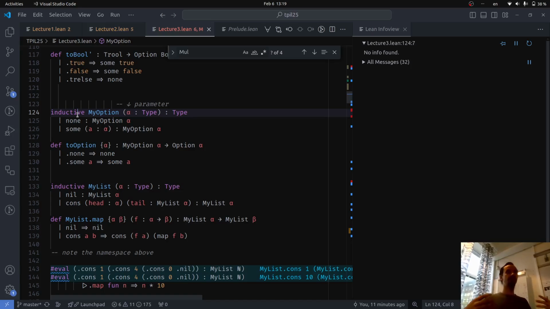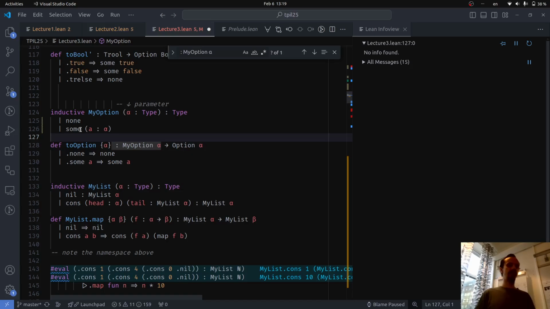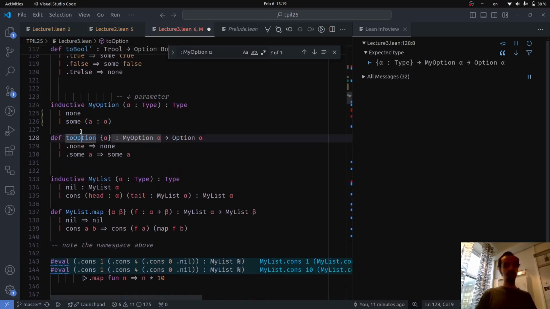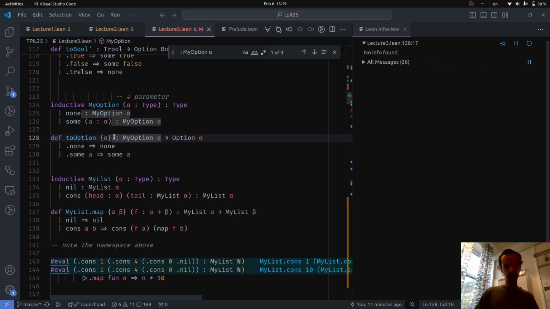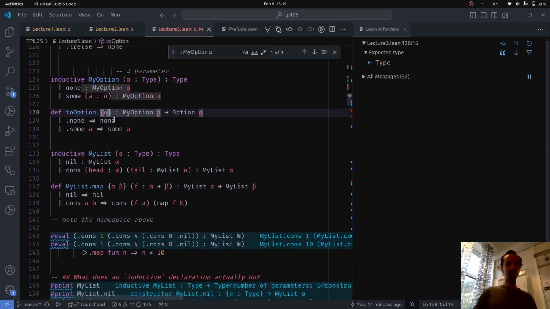Option has another type parameter, which is the thing that it's optional of. And it has two kinds of thing, there's none and some. So here I'm giving the types. Again, I don't have to. Even if I have an argument to the constructor, I can put it here. And so that's defining option.